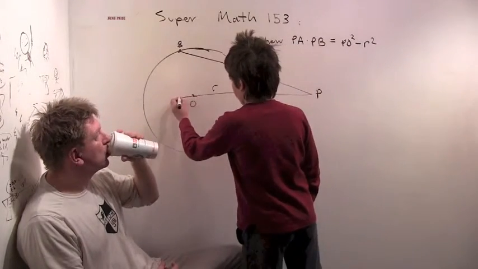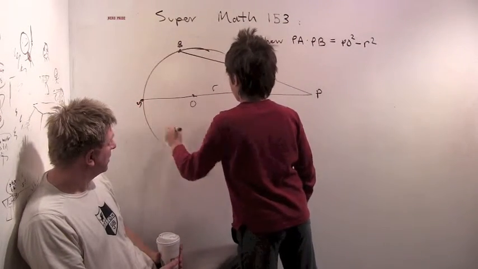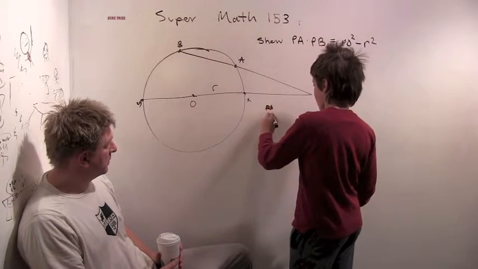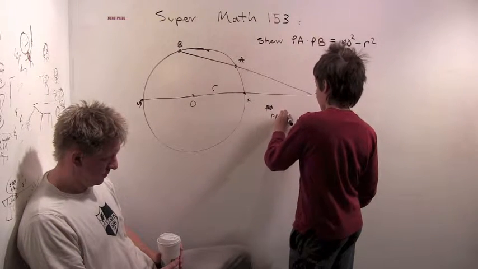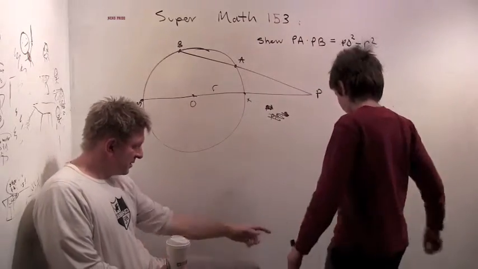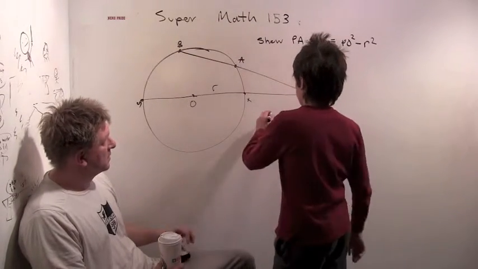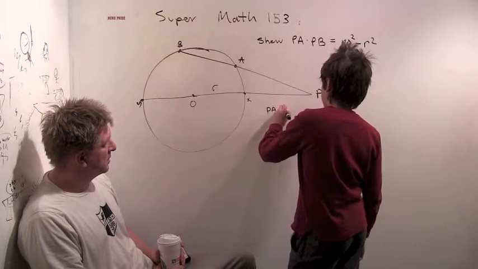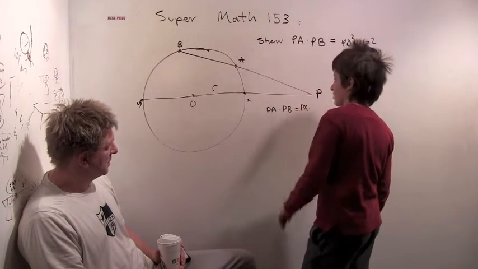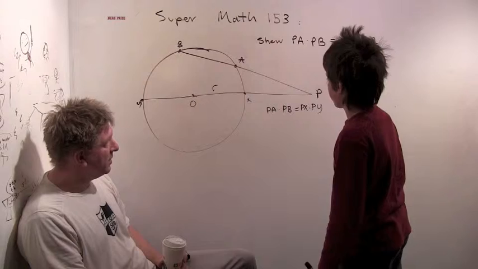From the regular power of a point theorem, I'm just going to call this point X and this point Y. We know that PA times PB equals PX times PY.